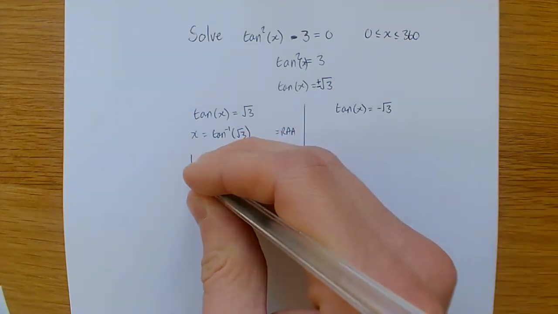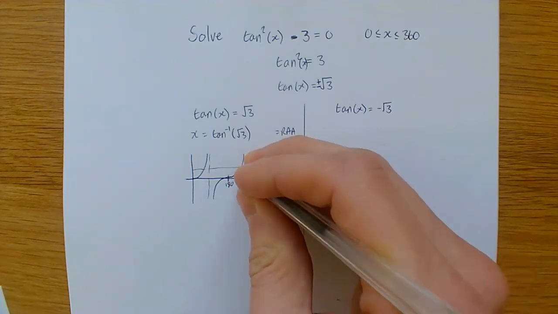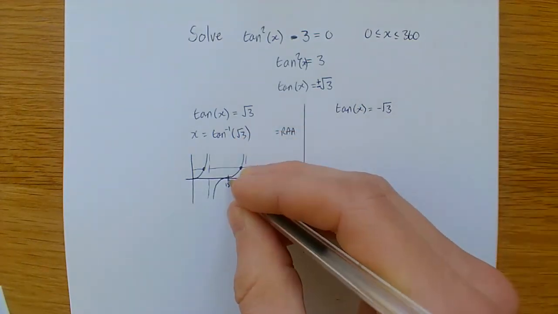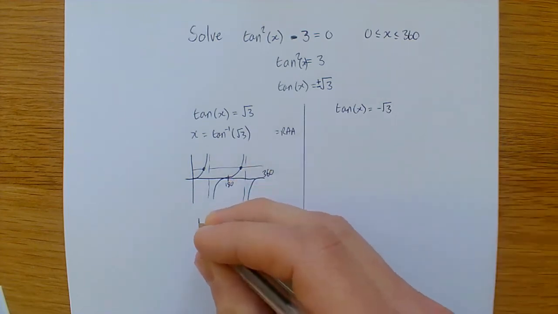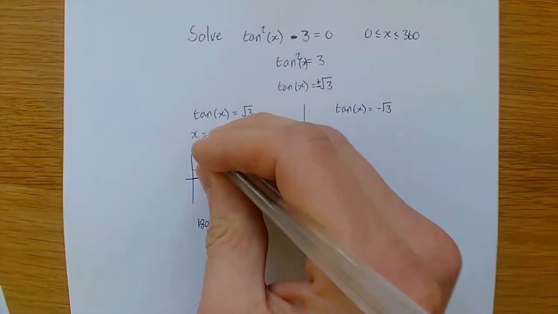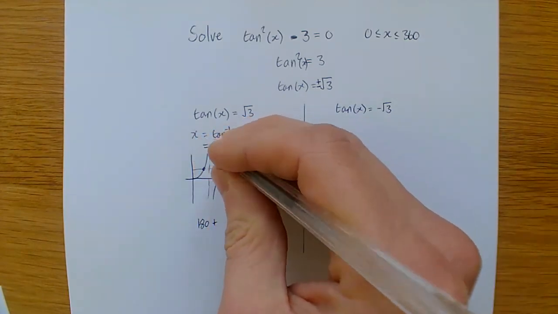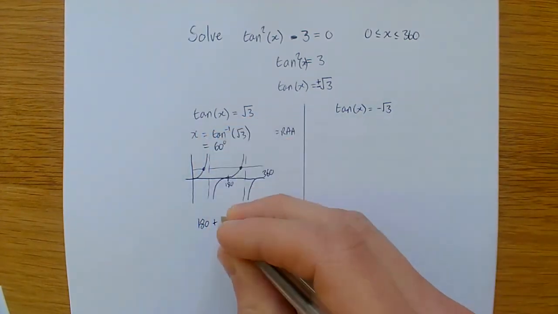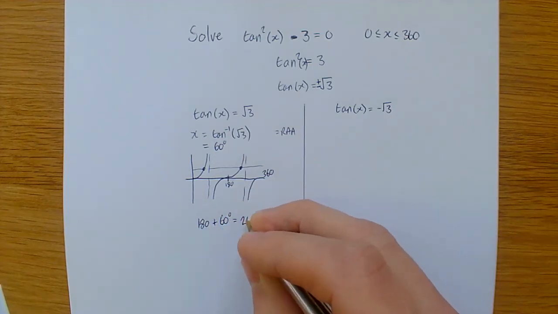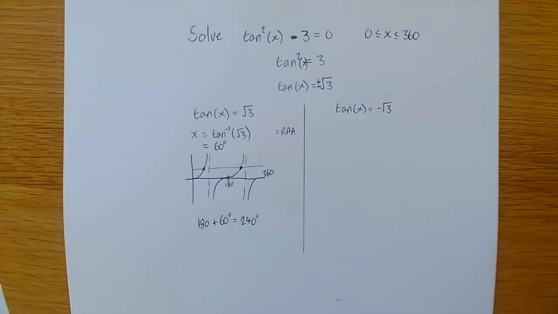So our root 3 is up here, say. There's one of our values. There's the other value. So we're looking at 180 plus whatever this is, which I should have worked out up here, sorry, which is 60 degrees. We've got 180 plus 60 degrees. That one gives us 240 degrees.